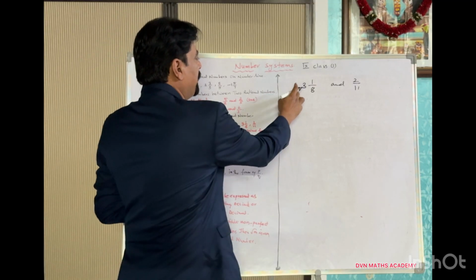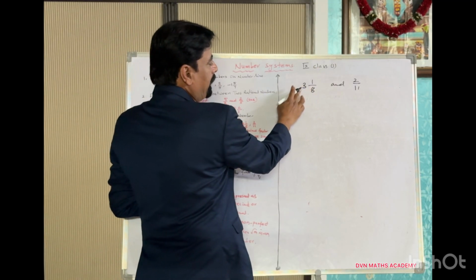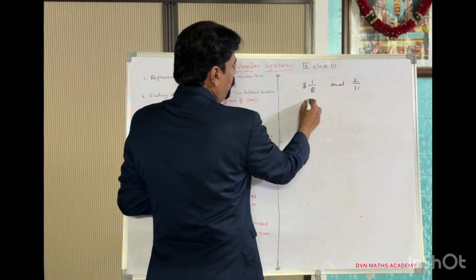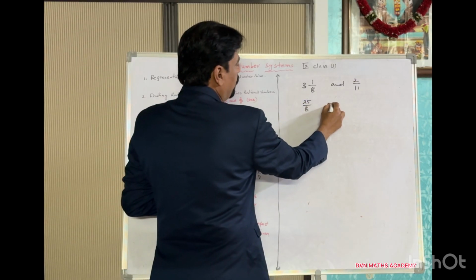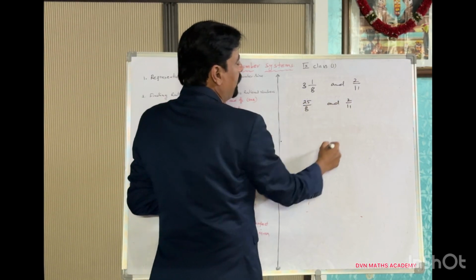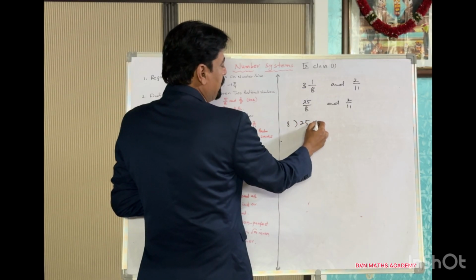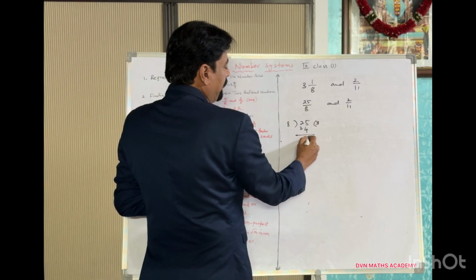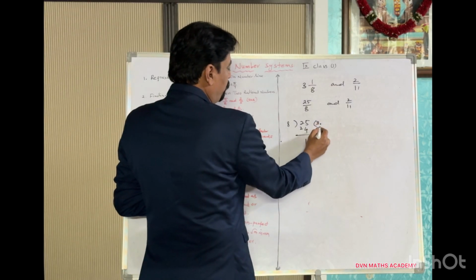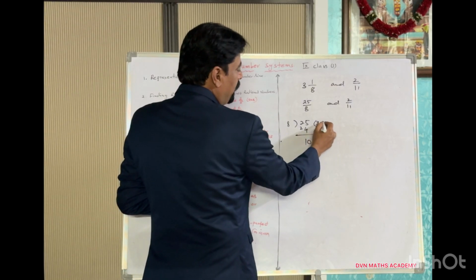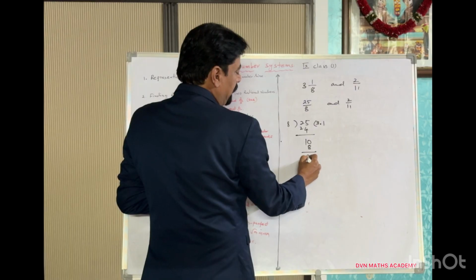For example, if you take 3 1 by 8, 24 plus 1, this will be 25 by 8, and this is 2 by 11. This means 25 is divided by 8. 8 3s are 24 and this becomes 1. If you put a point, you will get 0. 8 1s are 8 and you will get 2.